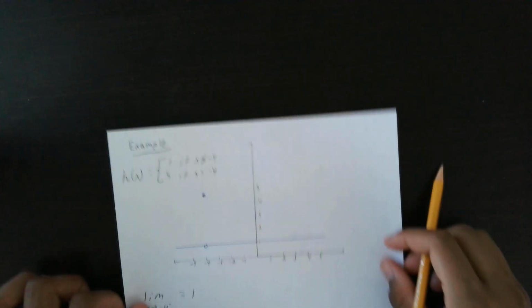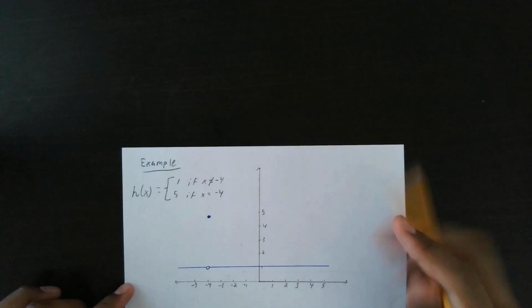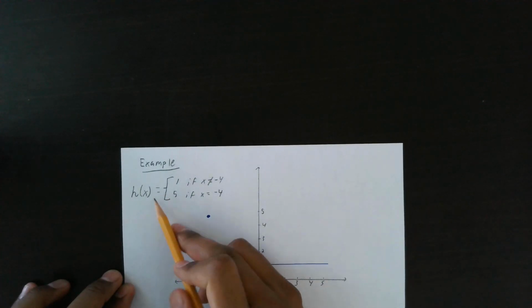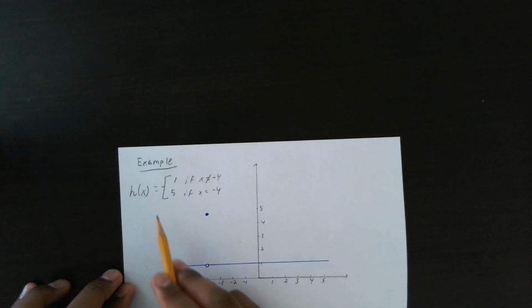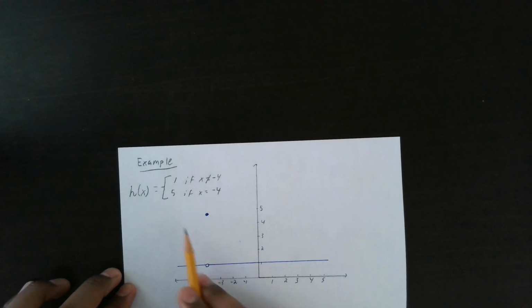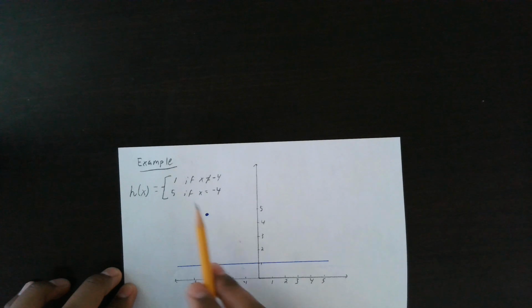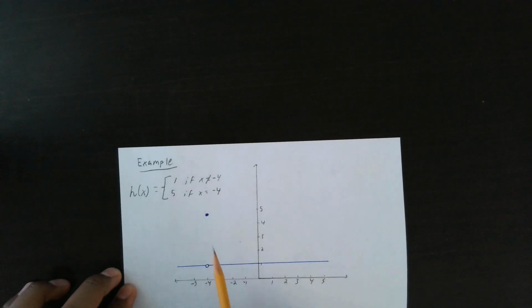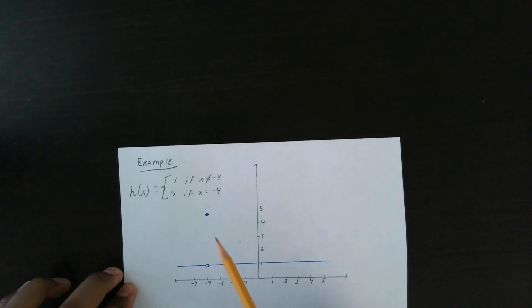Now let's look at another interesting problem. We have another piecewise defined function. When x is not equal to -4, we get a y value of 1. But when x is equal to -4, we get a y value of 5.